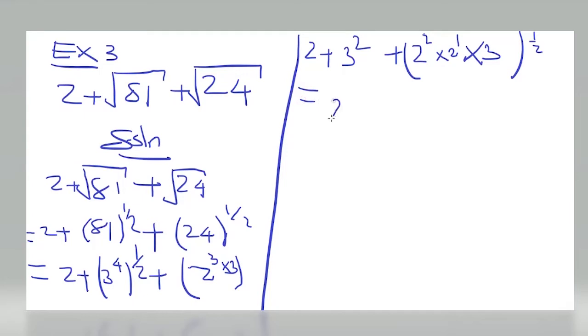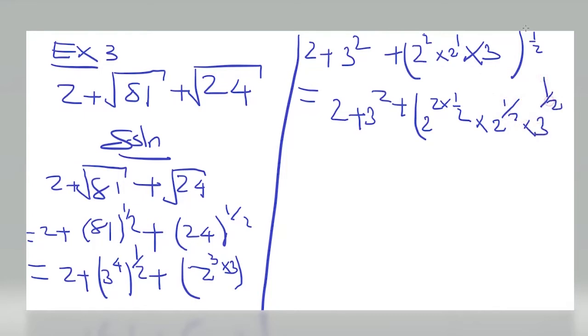Therefore this one will be equal to 2 plus 3 squared plus. Now if you take 2 inside, you're going to have 2 squared times a half, then times 2 half, and that one will be equal to 2 power half, then times 3 power a half, by inheriting a half outside the bracket. Now this one will be equal to 2 plus 3 squared, which is 9.